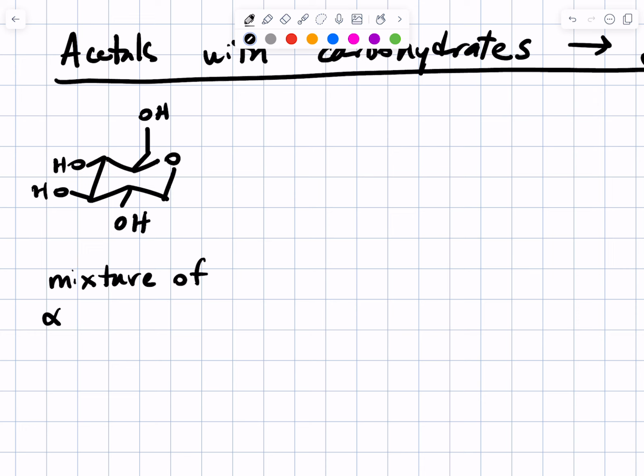Suppose I want to communicate that I have a mixture of alpha and beta anomers. If I wanted to be super complete, I would draw both of them. But if I want to be lazy, there's something I can do to indicate a mixture of both. And that is a squiggly line halfway between equatorial and axial. Then you put an OH group on it, and that means both of them. Isn't that nice? That's fast, easy, communicates everything. So you're free to do that.